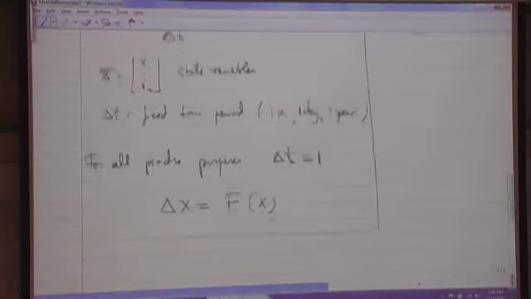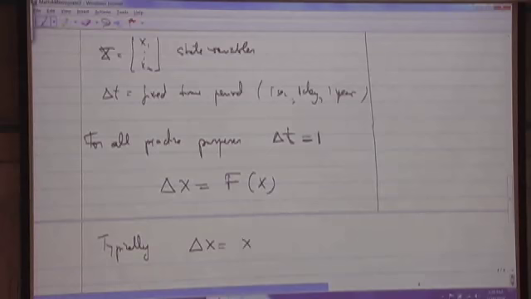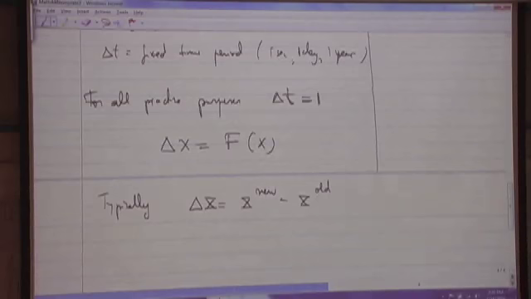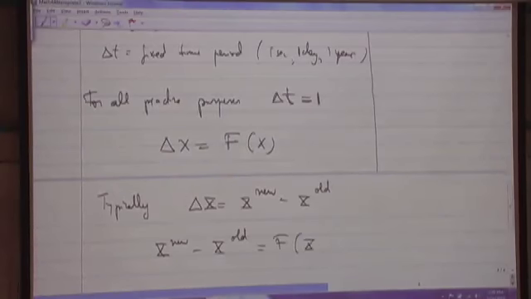So typically we're going to think about delta x as a change, and again this could be a vector with several components. So we're going to think about this as the new or the next value of x minus the current or the old value of x as a function of the old value of x. Okay?